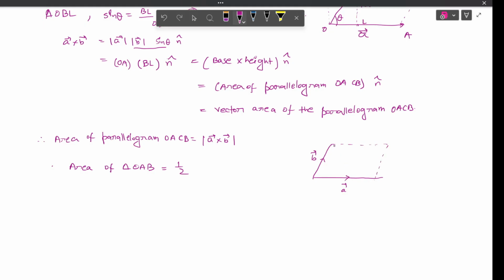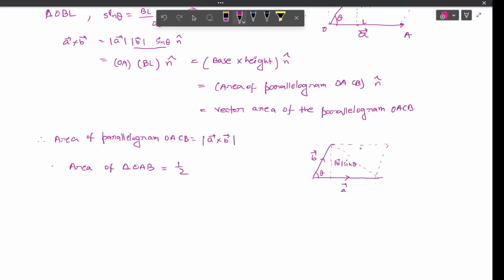If you join this side, this perpendicular is your mod of B sin theta, as we have just seen. This is your angle theta.